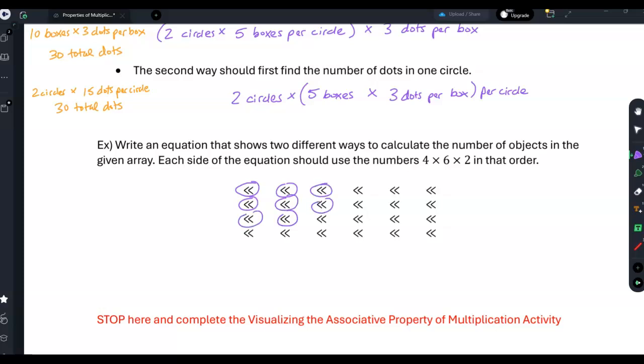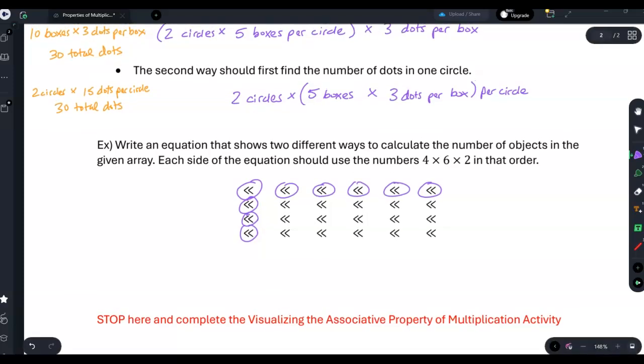How many of those do I have? That could easily be found by finding the number of rows and the number of columns, or I'll say groups per row would be better. That would be one way to do this.